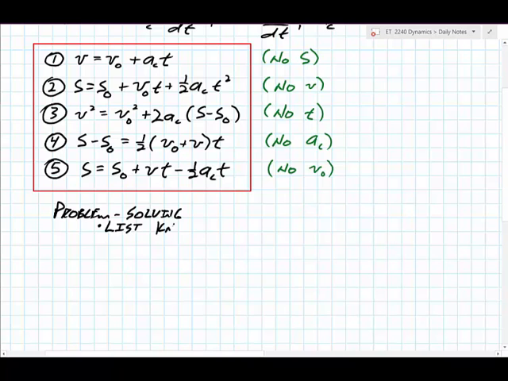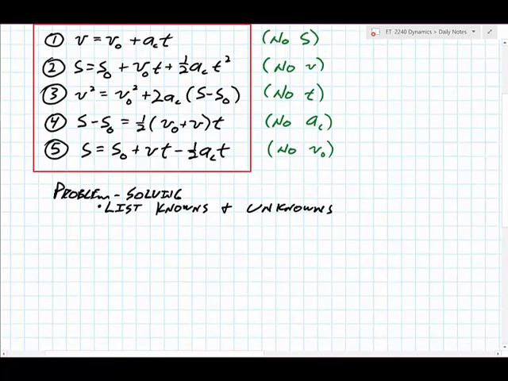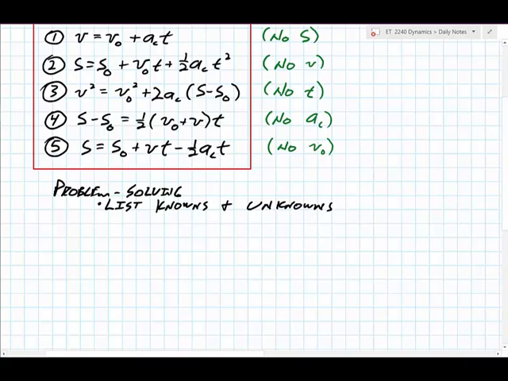So I guess I'm looking for both my knowns and my unknowns. I have an example. I'll show you how I kind of do that. Once I list all my knowns and unknowns, then I choose the equation that has all of those variables. Not too difficult.